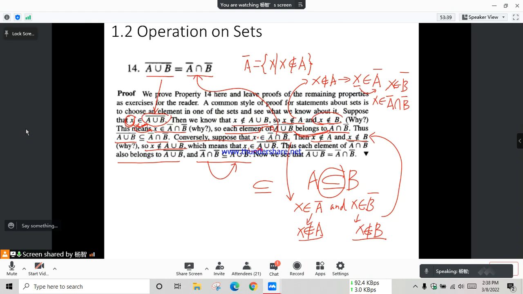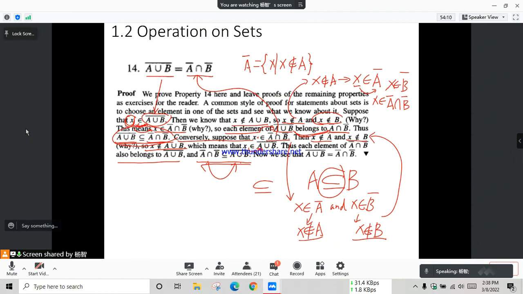And we have this conclusion before, this is the subset of this. And we also have conversely, this is a subset of this. So we want these two expressions to be both satisfied.